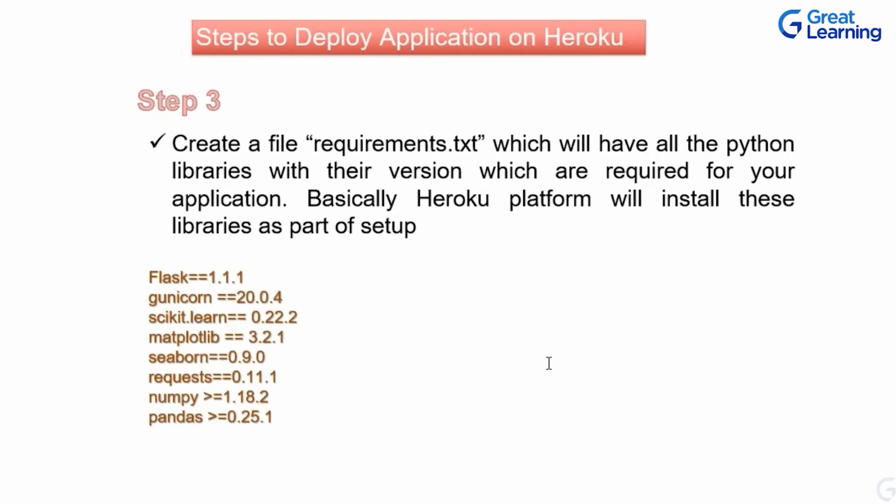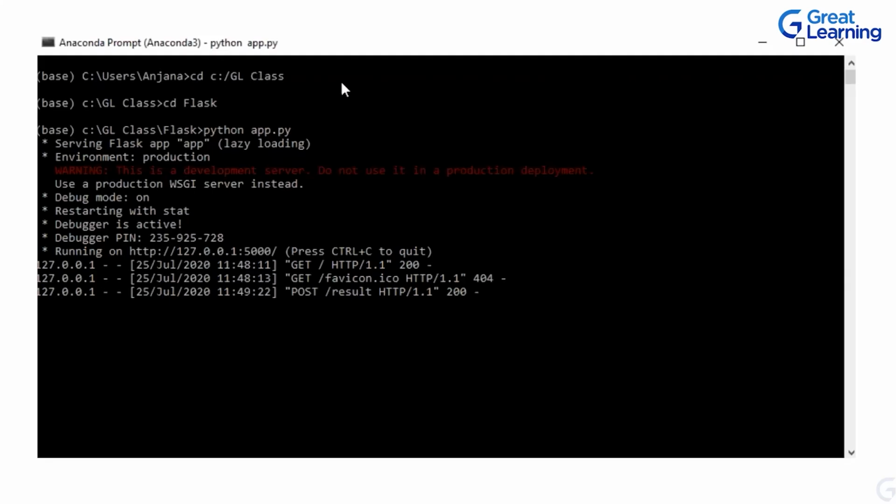What Heroku needs, as I said, Heroku is a platform. When I went onto the Anaconda prompt for Flask, it already had a Python environment with the packages I required, such as NumPy, Pandas, Flask, or Gunicorn. It already had those packages available.